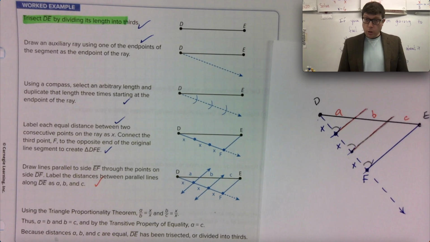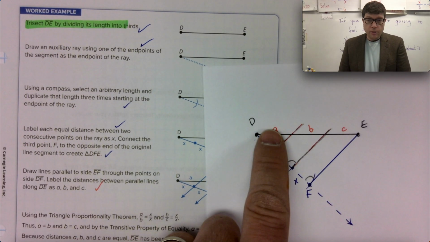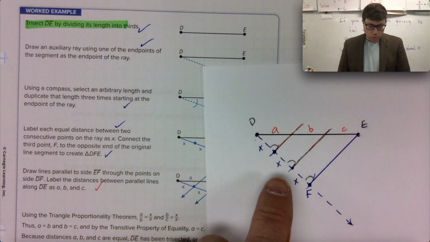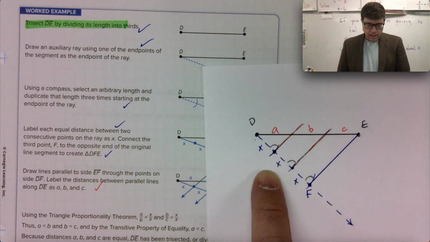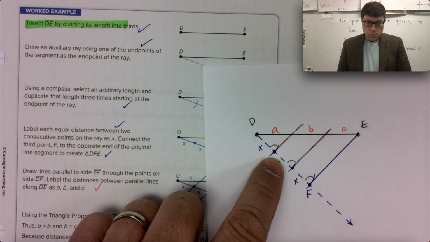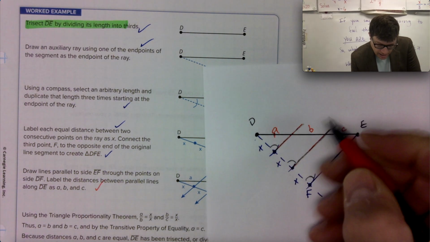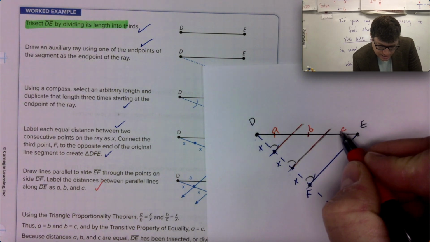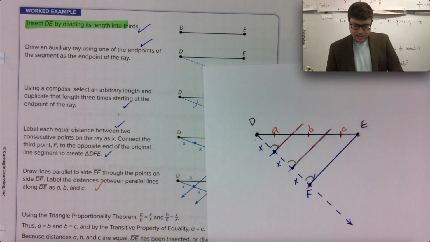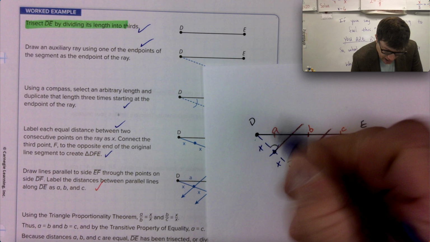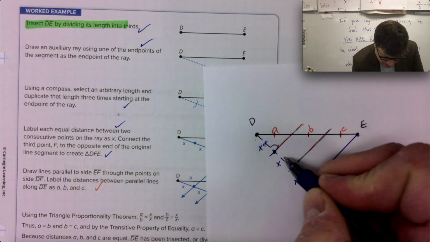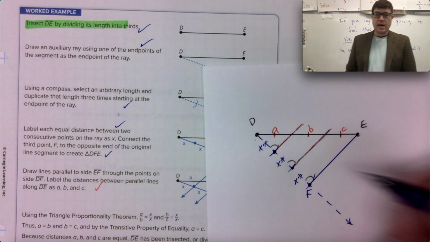The proportions of A over B is equal to X over X. And B over C is equal to X over X. So therefore, this A and this B and this C are all the same distance, because X was the same as X was the same as X.